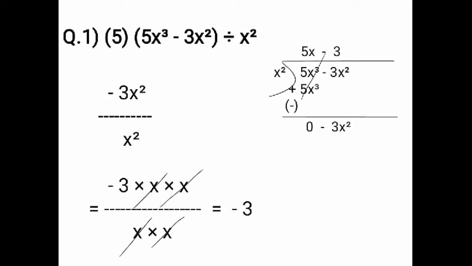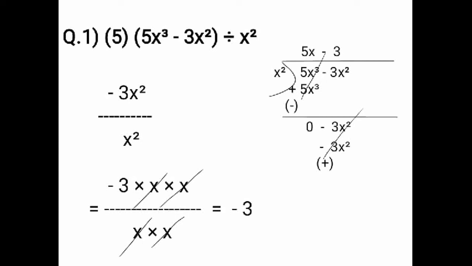x square into minus 3 is minus 3x square. Now take the opposite sign. Minus becomes plus. Plus into minus is minus. Subtract it now. 3x square minus 3x square, how much is coming? 0.